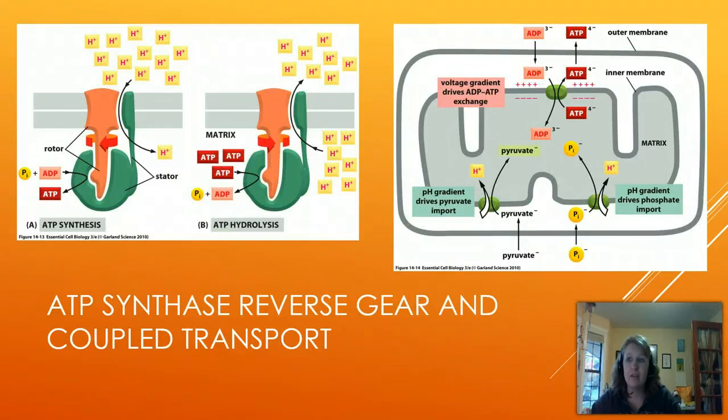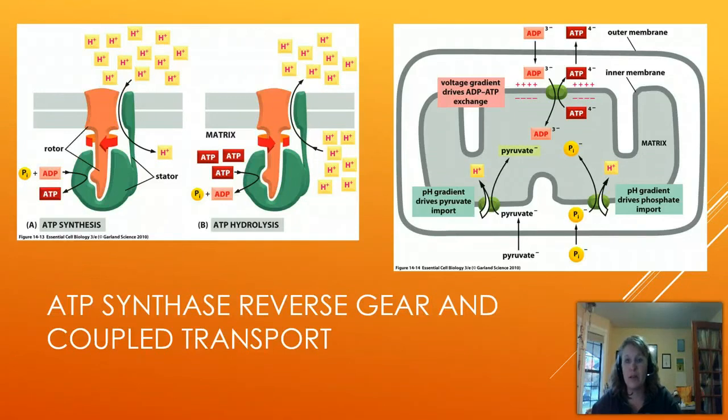So let's look at this a little bit more, because as I mentioned, ATP synthase can work in reverse, and there are some bacteria who do this if they're going to live in environments that are anaerobic versus aerobic. Because, as we talked about before, protons can be used to pump a variety of things across the membrane. So bacteria can use this to harness other transporters in order to transport other things across.